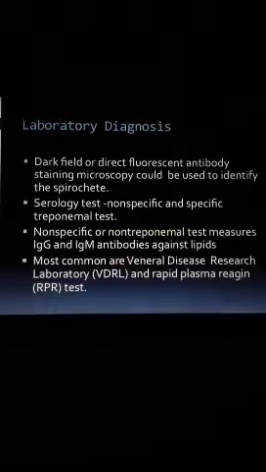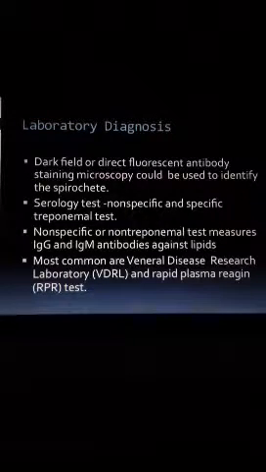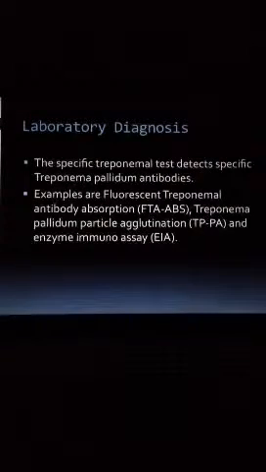Non-specific or non-treponemal tests measure the immunoglobulin G and immunoglobulin M antibodies against lipids. The most common are the Venereal Disease Research Laboratory VDRL and the Rapid Plasma Reagin RPR test.